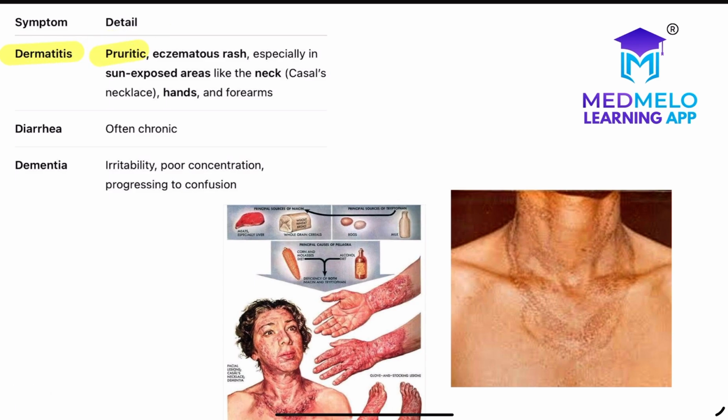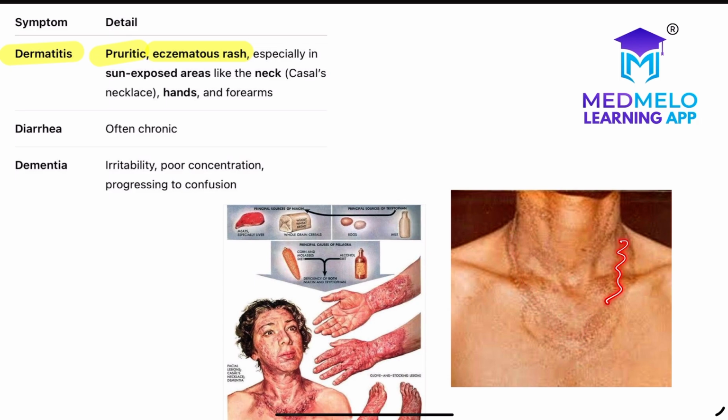It is pruritic eczematous rash, especially in the sun-exposed areas, like in the neck. We will wear the shirt, but this part is exposed. So we have Casal's necklace.